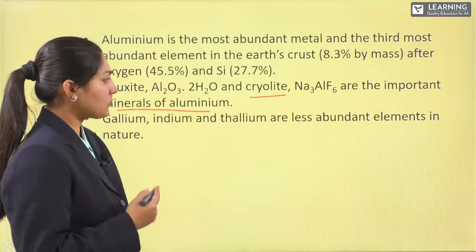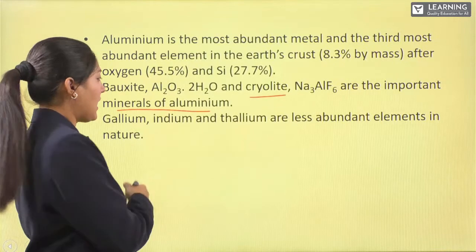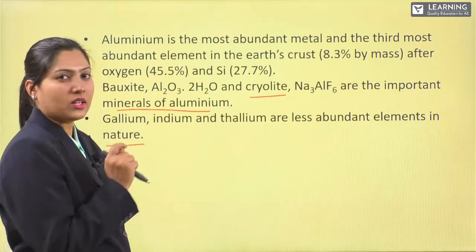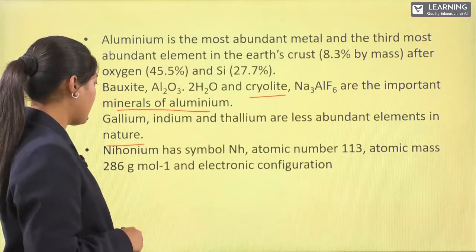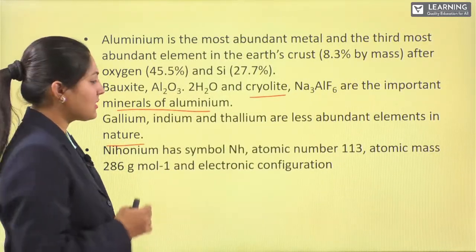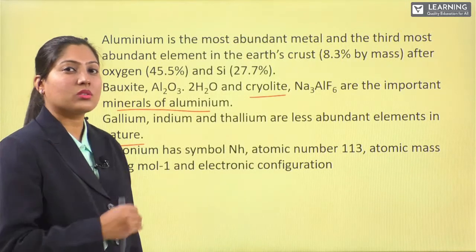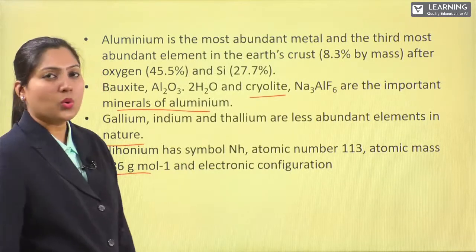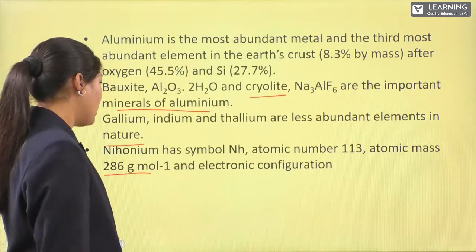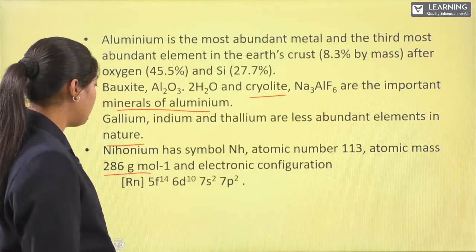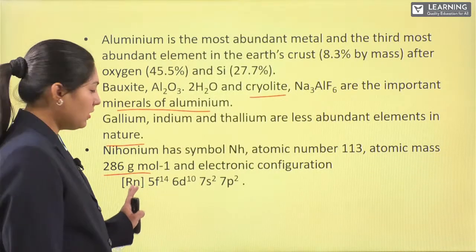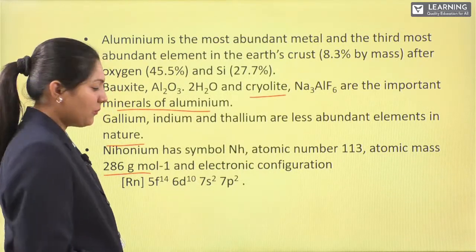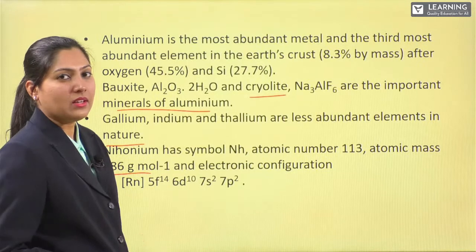Gallium, indium and thallium are less abundant elements which are found in very little amount. So nihonium has the symbol Nh. Its atomic number is 113 and atomic mass is 286 grams per mole, and the electronic configuration will be Rn, radon, with 5f14, 6d10, 7s2, 7p2.